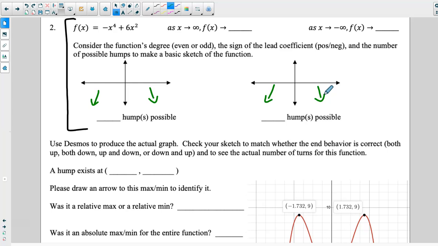So I'm going to put negative infinity for both. Now, how many turns can I have? 1 or 3. Perfect. So that's my 1 turn. That's my 3 turns.